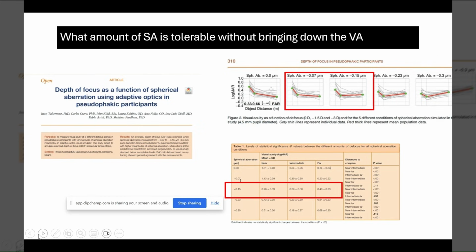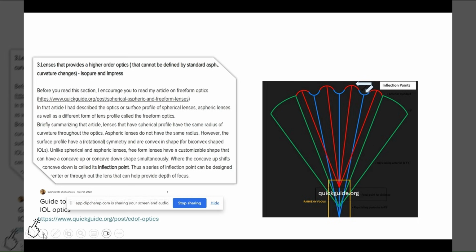And how does the Isopia work? In my view, it has inflection points. It is not a standard curvature of the lens; it is in free-form optics. We call it free-form optics. Again, this is explained in one of my articles, what I mean by free-form optics. So they have this concavity up and concavity down.